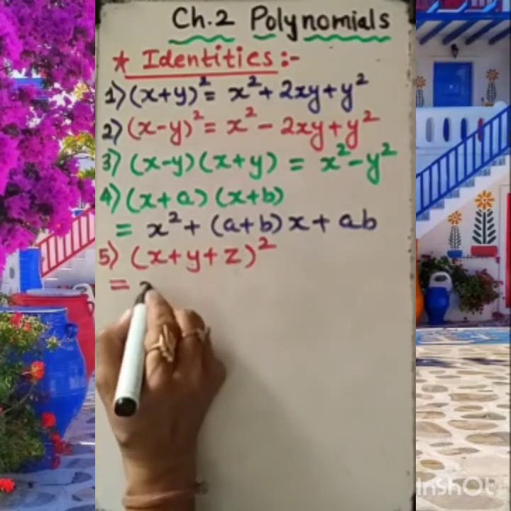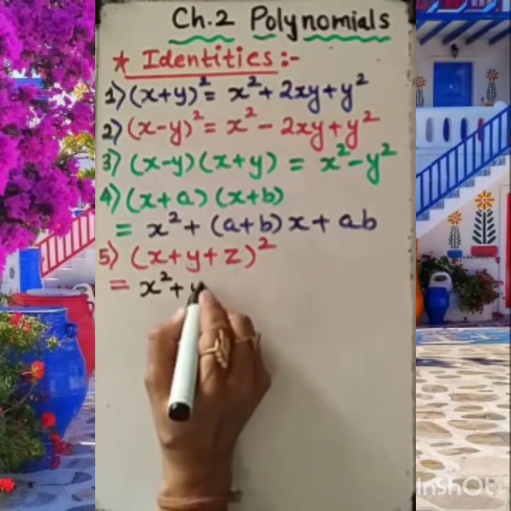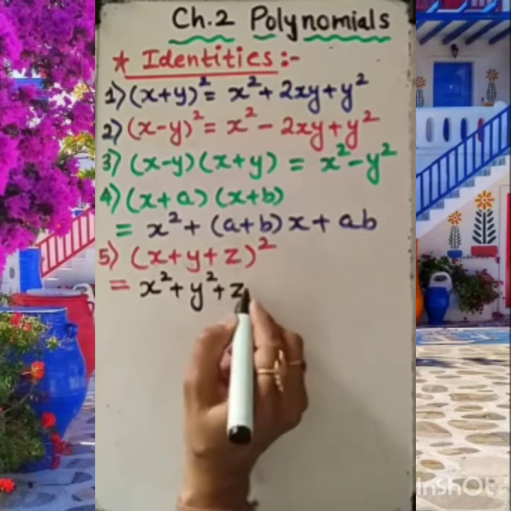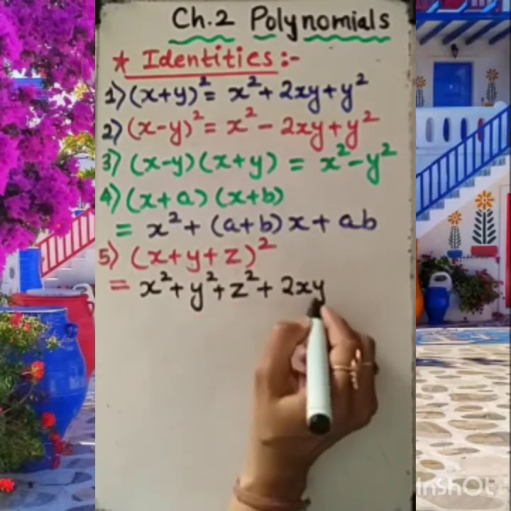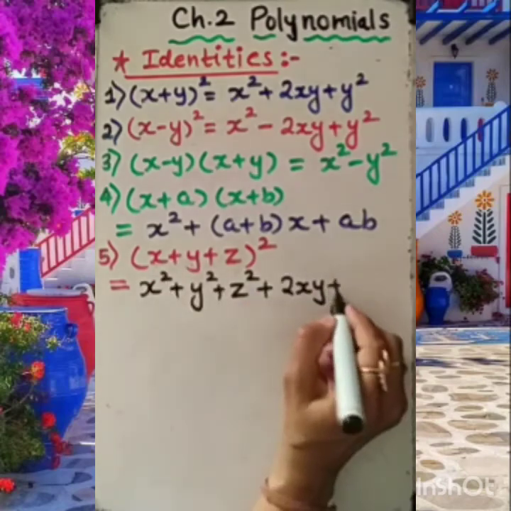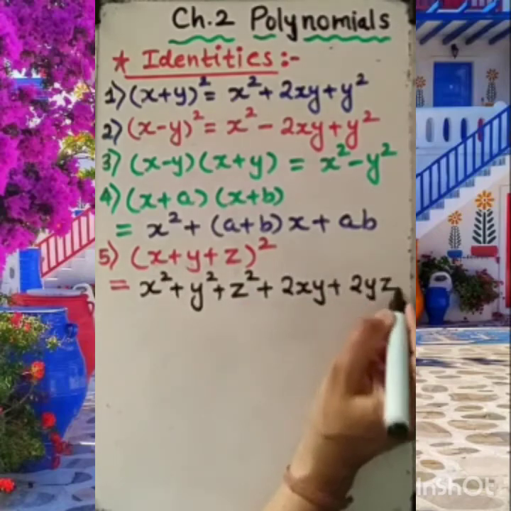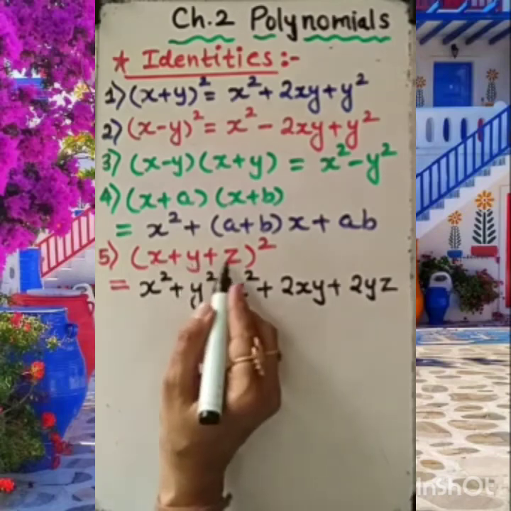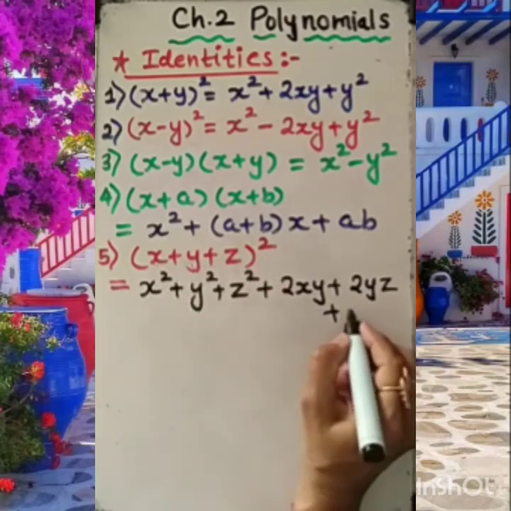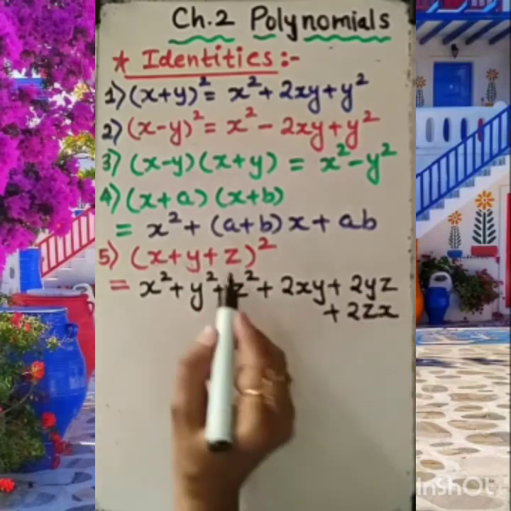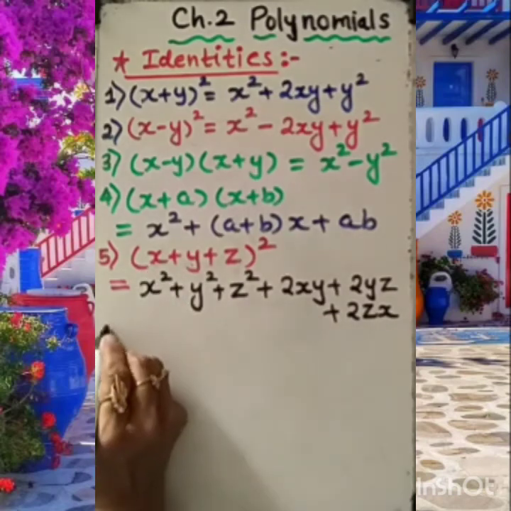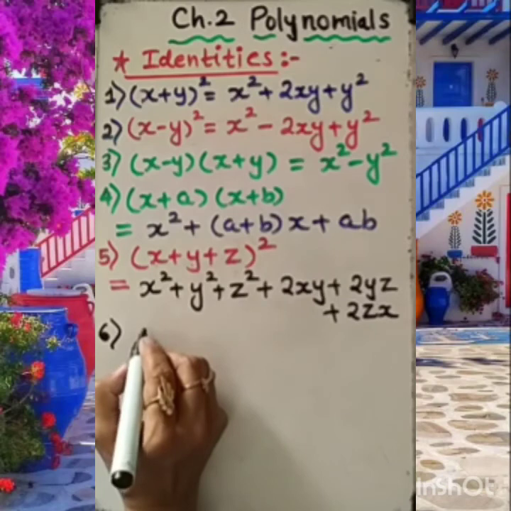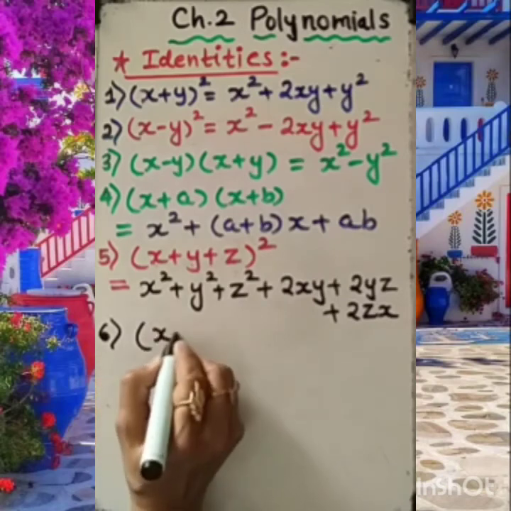It is x square plus y square plus z square plus 2xy, 2 into first term and second term, plus 2yz, 2 into second term and third term, and of course plus 2zx, 2 into last term and first term. This is the identity which we are going to study here.